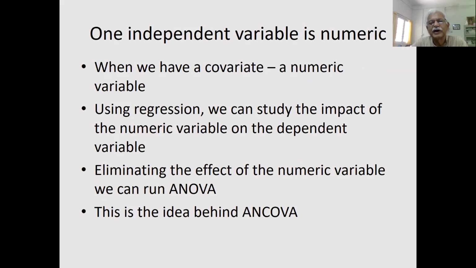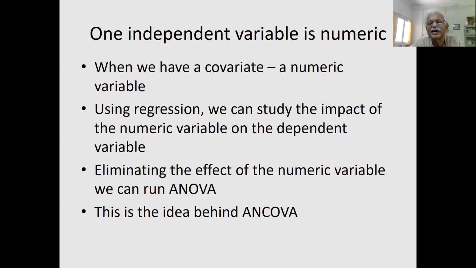When we have a covariate, which is a numeric variable, suppose you are doing the same kind of analysis, and the dependent variable is anxiety score. Independent variables are gender, males and females, and urban background, two categories, urban and rural areas.